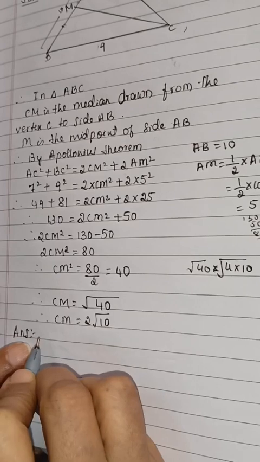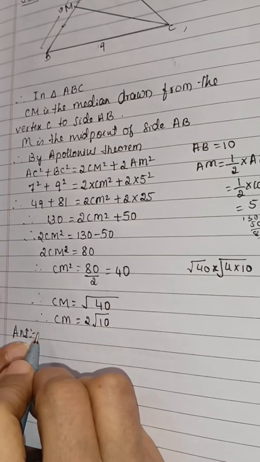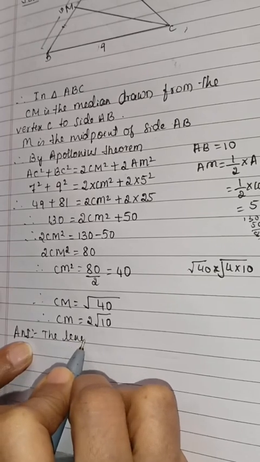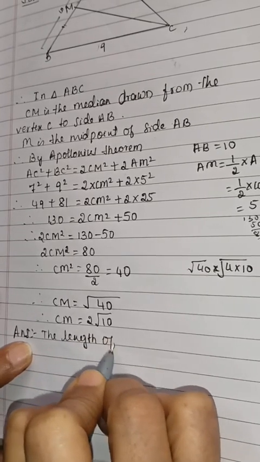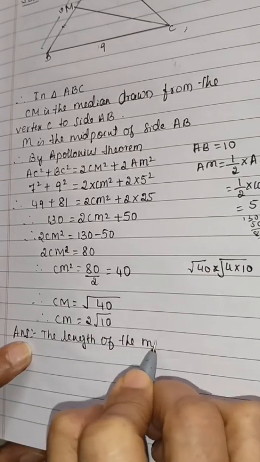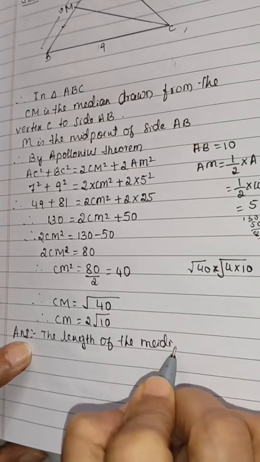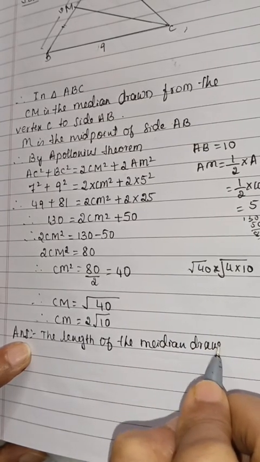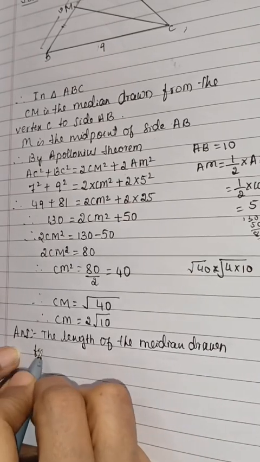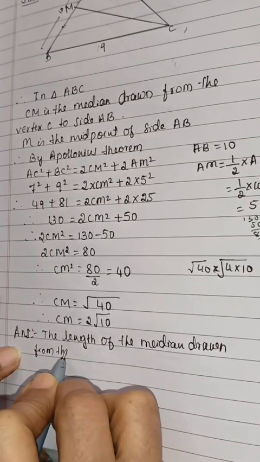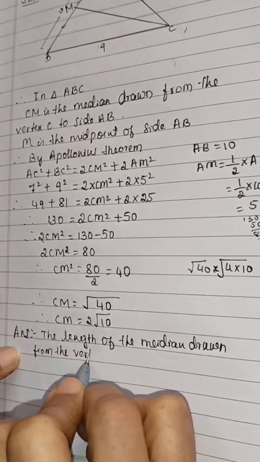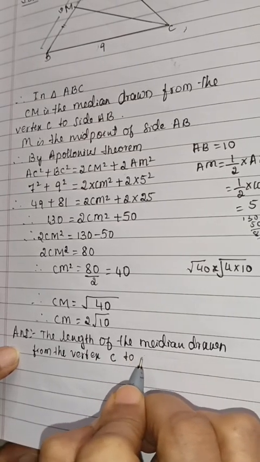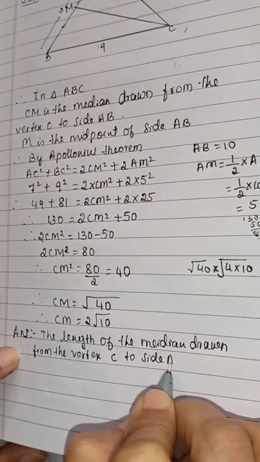The length of the median drawn from vertex C to side AB.